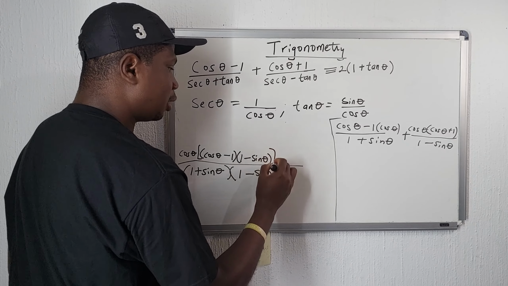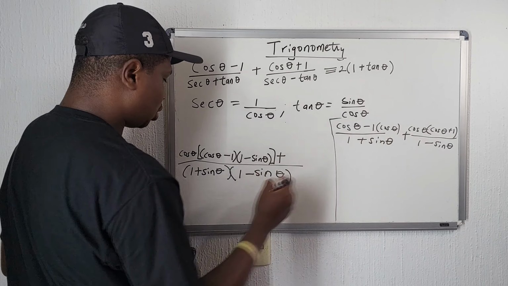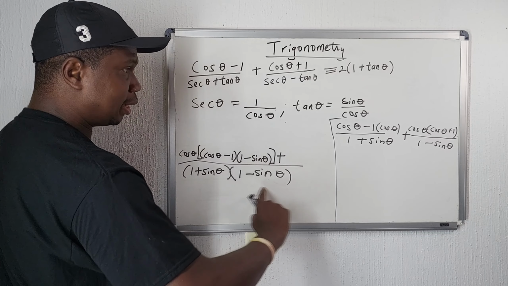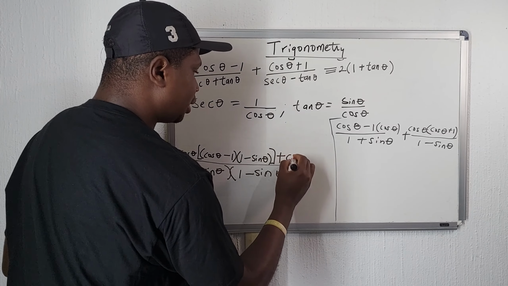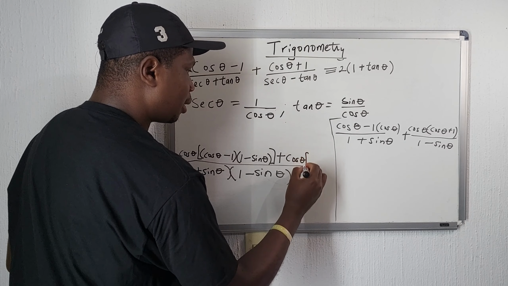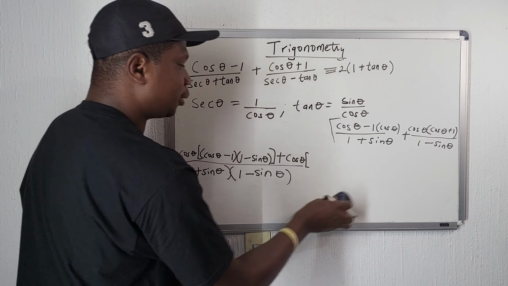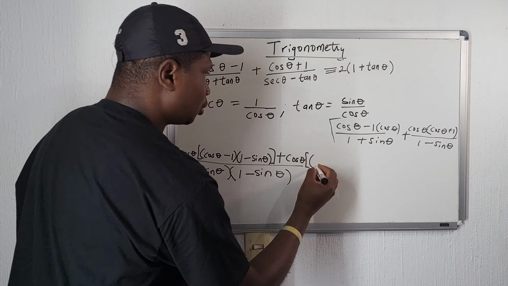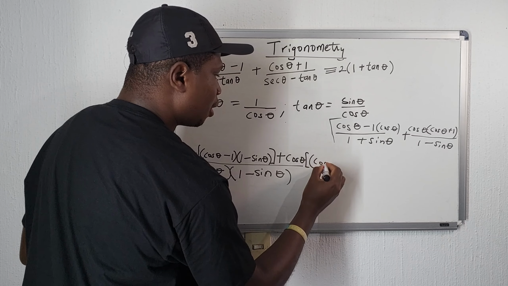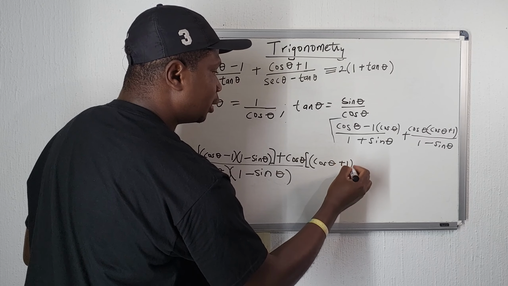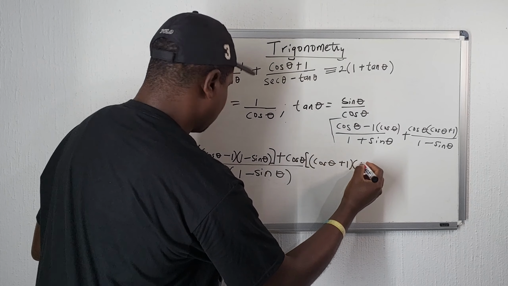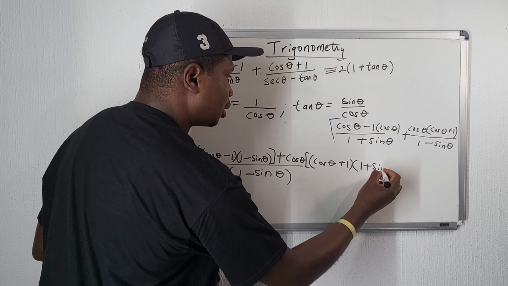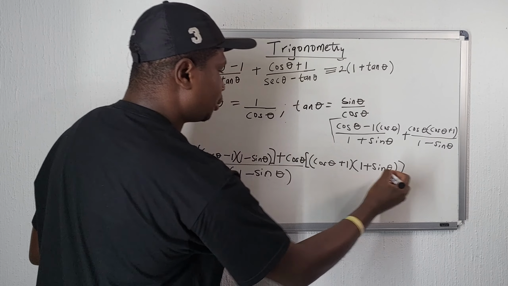Then close this bracket, plus this divided by this, we're left with this. Then cos theta is also multiplying, put the bracket. So we have cos theta plus 1 into what? When this cancels this, we're left with 1 plus sine theta.